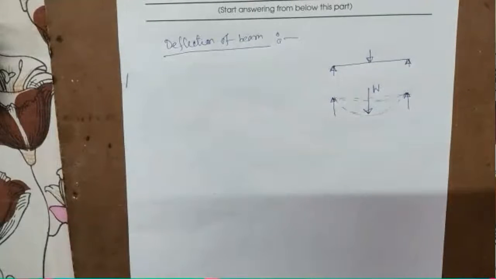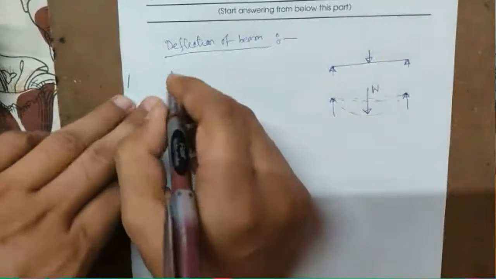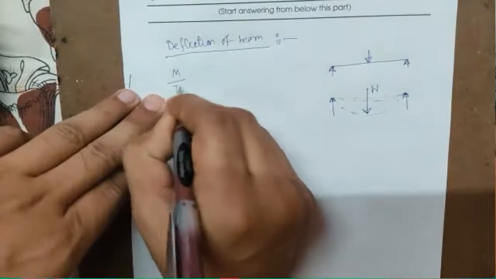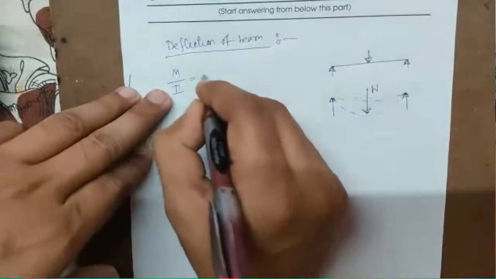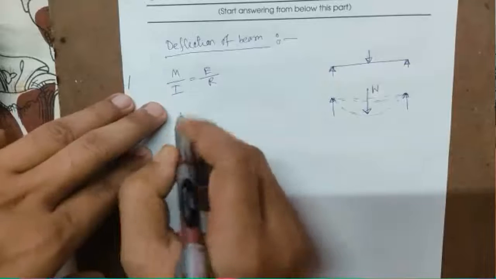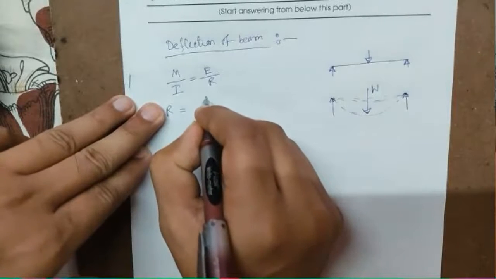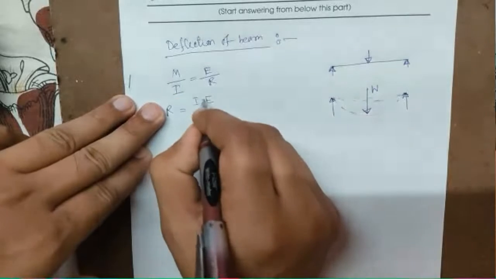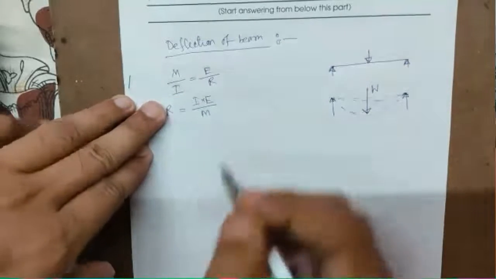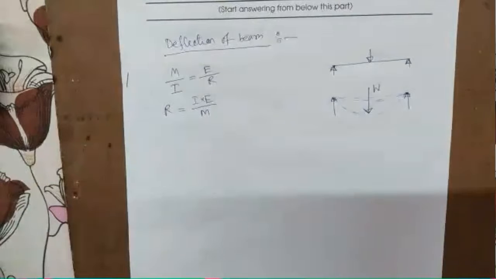Now if the beam gets deflected like in the figure, the radius of curvature can be found out by the formula we have found from our simple bending or pure bending equation: M by I is equal to E by R. So from here we can find that R will be equal to I into E by M. Here for any beam I will be constant.